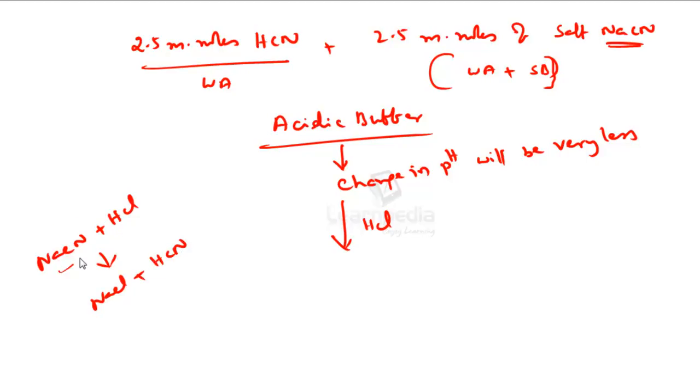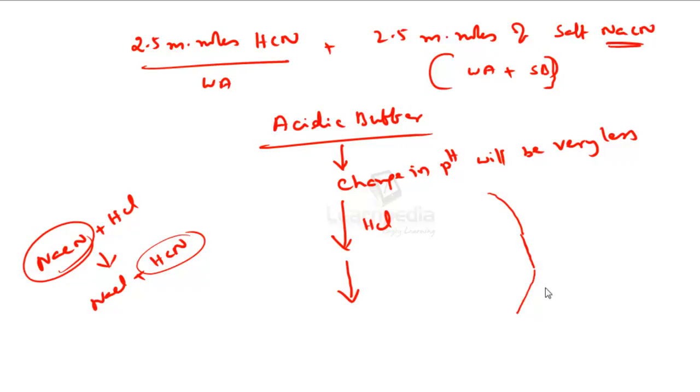Finally, when this is completely neutralized, a weak acid will be left over. So buffer property is lost and a weak acid property results, and thereby the pH will again gradually decrease. In the beginning of addition of HCl, the pH will decrease relatively largely, and when it becomes a buffer, it almost remains the same, the change will be very less, then again it decreases slowly.